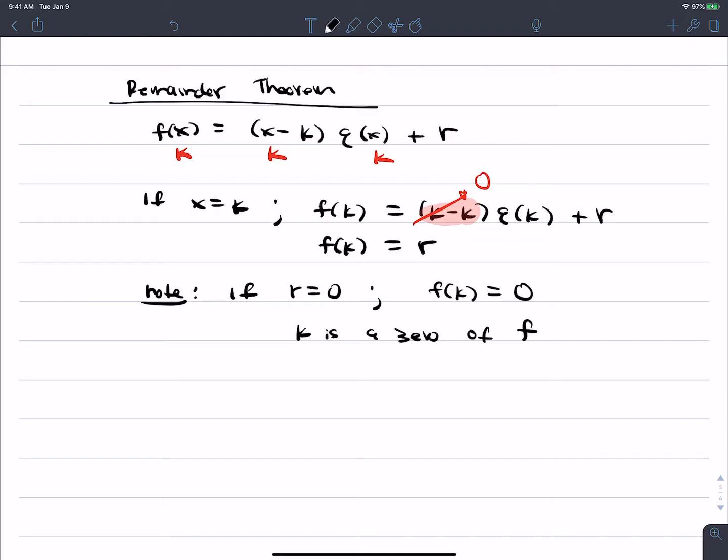So when our remainder is actually 0, we have a very special situation. That situation is saying that k is known as a 0 of the function. And this is actually more than a note. This is actually a definition of a 0. So we're going to use this remainder theorem to find zeros of the function.